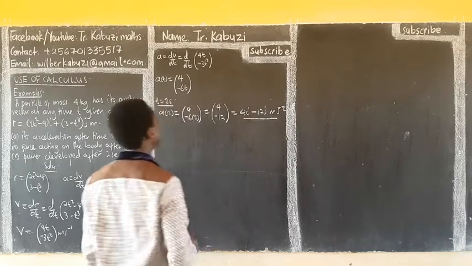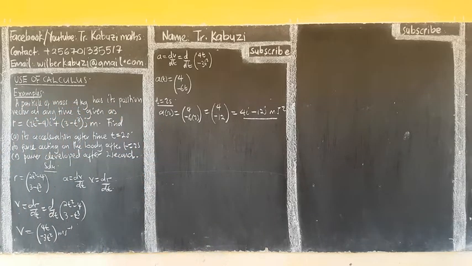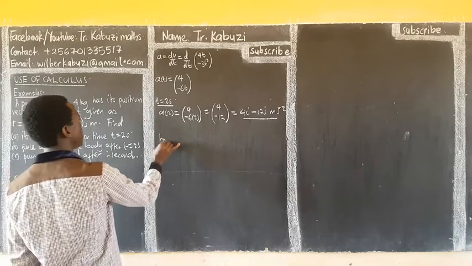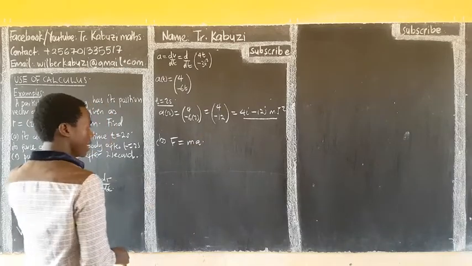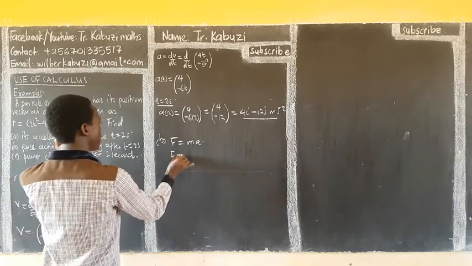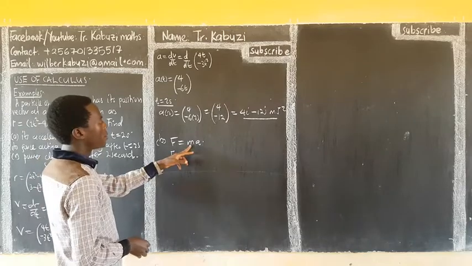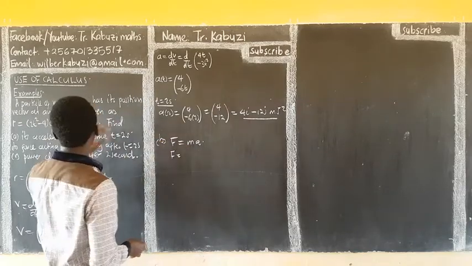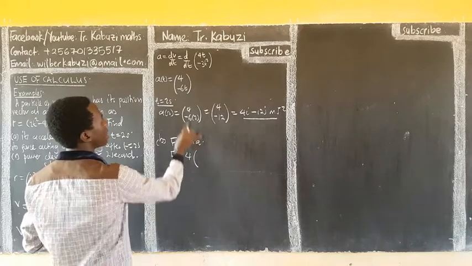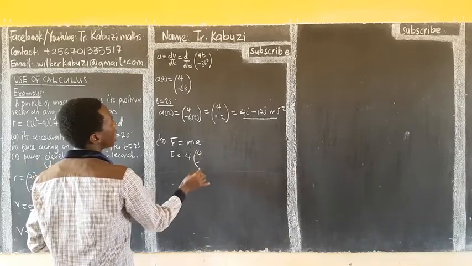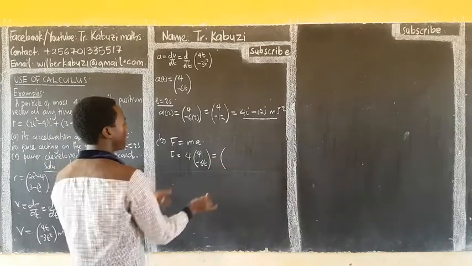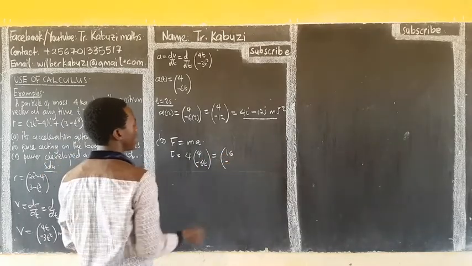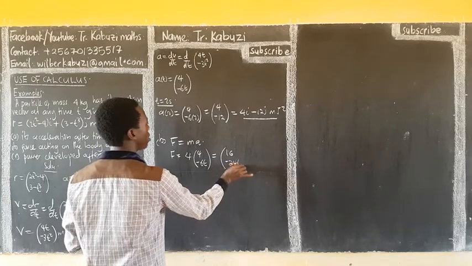Okay, after that, let us find the force acting on the body after 2 seconds. In our part B, we know that force is equal to mass times acceleration. We first get its vector form, which is the mass, 4, times the acceleration, 4 then negative 6t. So our force here will be 16 then negative 24t.